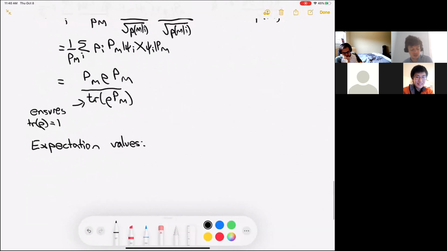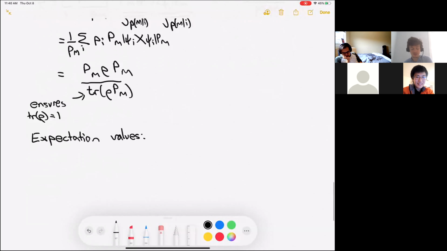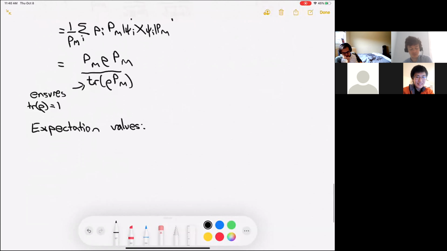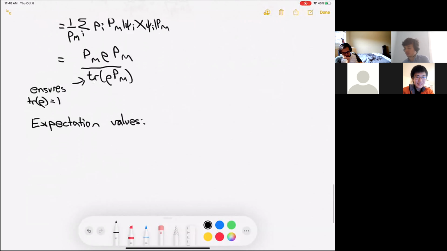The expectation value of m is by definition the sum over m times the probability of finding m. So it's the sum over m times the trace of rho times PM.